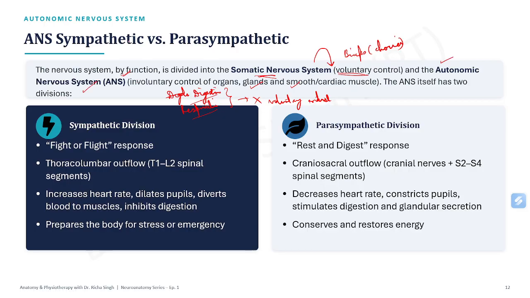Now, this autonomic nervous system is further divided into sympathetic division and parasympathetic division. To explain this, let me give you an example.